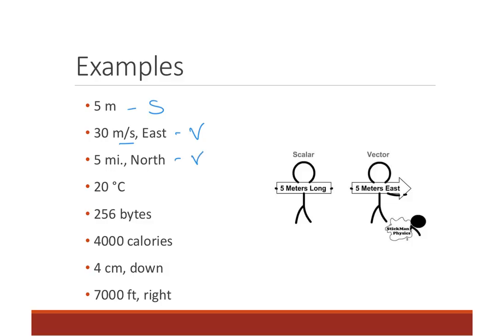Again, a direction is included. 20 degrees Celsius is just a scalar quantity. 256 bytes, a scalar. 4,000 calories, scalar. 4 centimeters down would be a vector. And 7,000 feet to the right, another vector. So see how the various directional words are added to the numbers to make a vector.